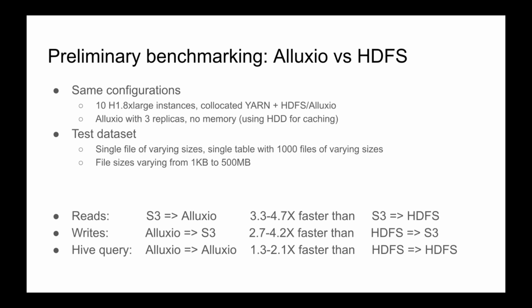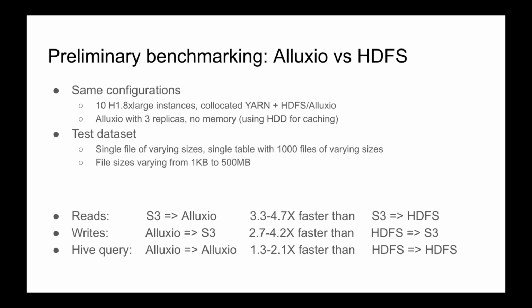And in the test data set, we have several different types of workload. One is a single file, but varying the sizes from 1 KB to 500 megabytes or something like that. And we have one single table with 1,000 files of varying sizes. The sizes also vary from 1 KB to 500 megabytes.